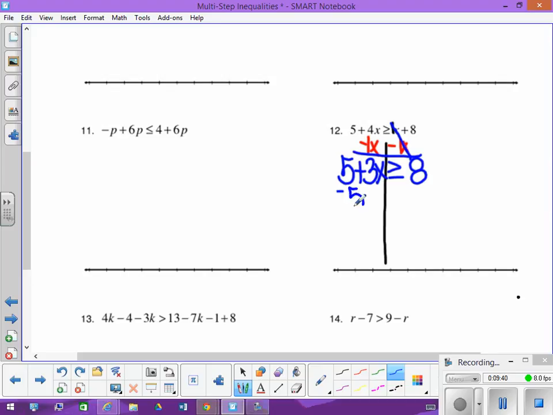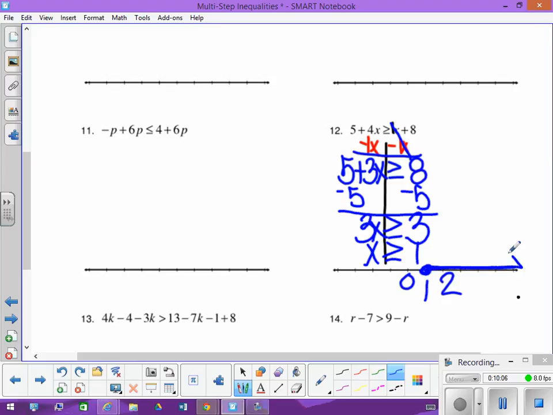So then if we subtract our 5, 3x is greater than or equal to 3, or x is greater than or equal to 1. So then we can find our 1. And most of you don't have much issue when it's all positive. If x is greater, do I want to go left or right? Right. We want to go right because 2 is greater.